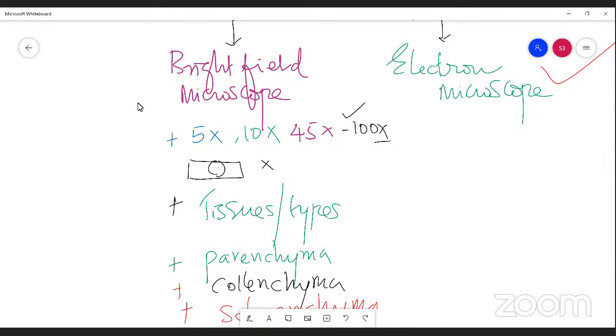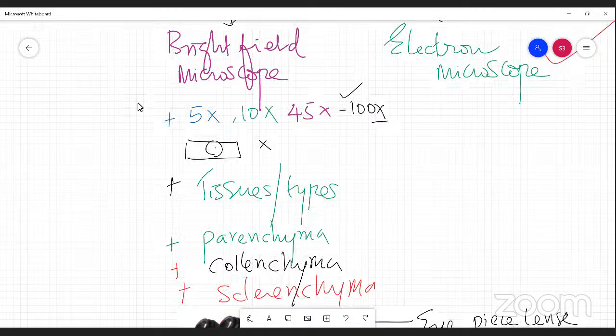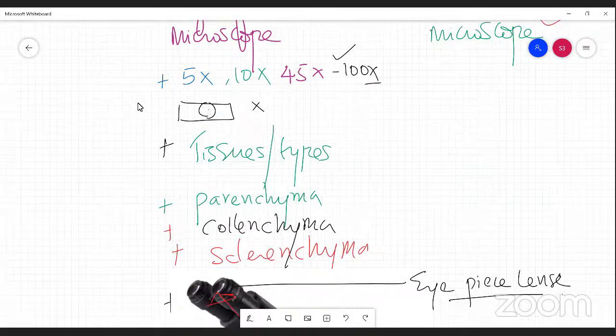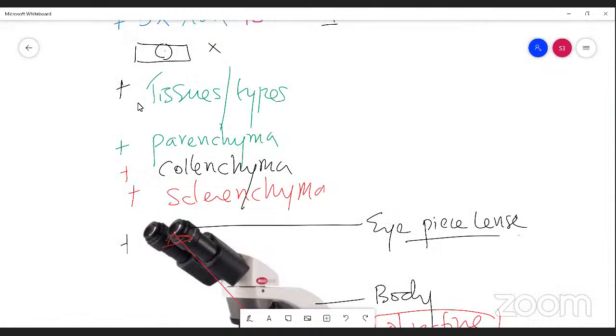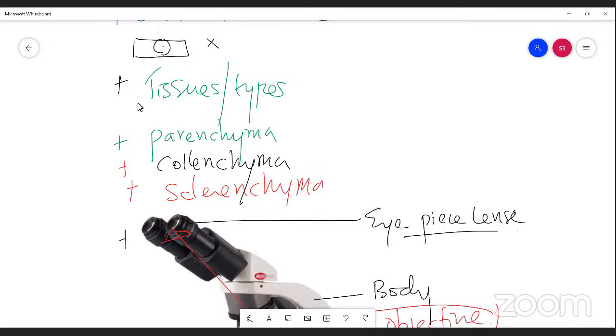Okay, could you mention the source of light emitting from the bright field microscope? Light emitting diode, LED. Simply you could say LED bulb. Very good. Now this is a microscope, right?